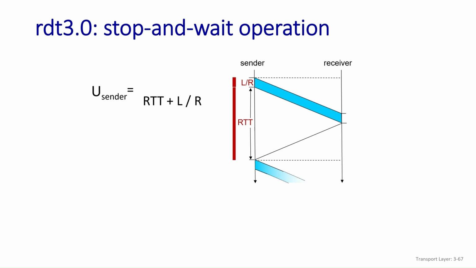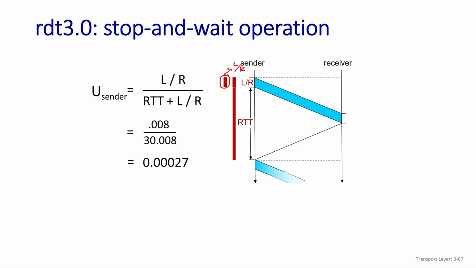If I am interested in calculating the utilization, I will divide the amount of time I have taken to transmit the packet, which is L by R, by the total time, which is L by R plus RTT. This will give me the fraction of time for which I have been utilizing the channel.